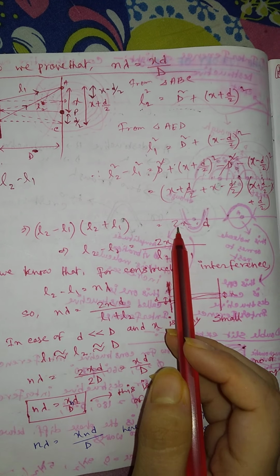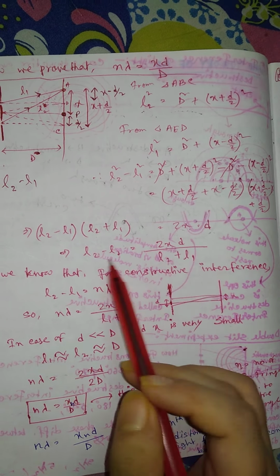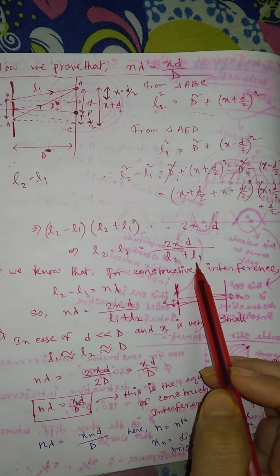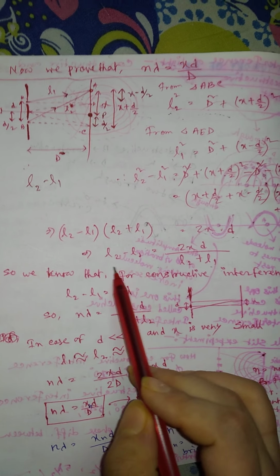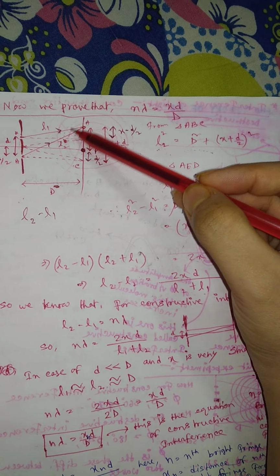That means it equals 2xd. That means L2 minus L1 equals 2xd by (L2 plus L1), right? And this is the path difference between these two lights.